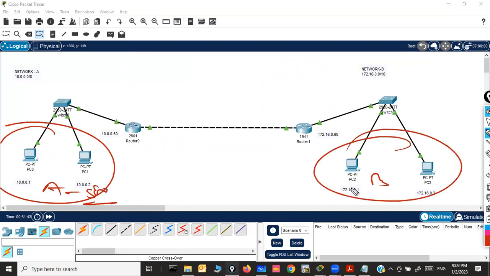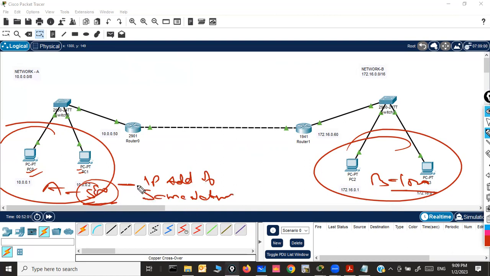Same here, there's network A and network B. Maybe network A has 500 computers, network B has 1000 computers. The 500 computers can freely talk to each other, provided they are all using IP addresses from the same network or same subnet.